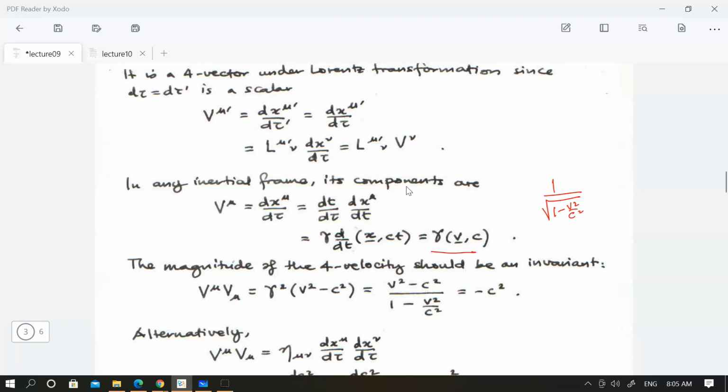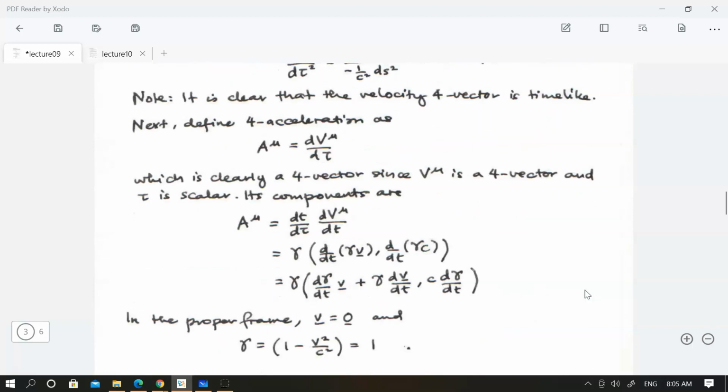So that's dependent on the frame velocity. You will have that factor multiplying the ordinary velocity, and then the fourth component is just the speed of light multiplied by the same factor.